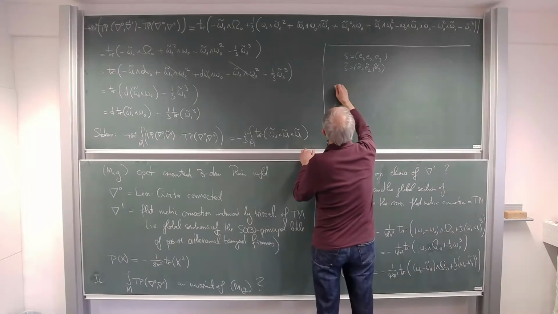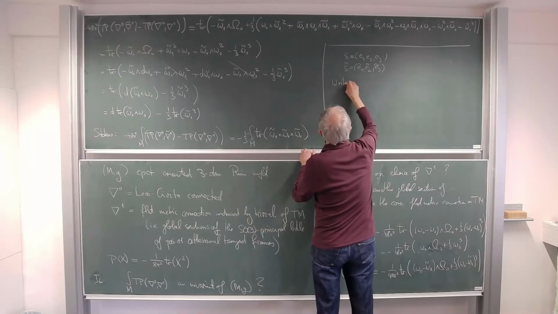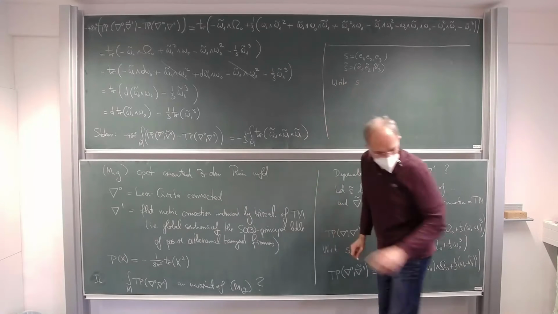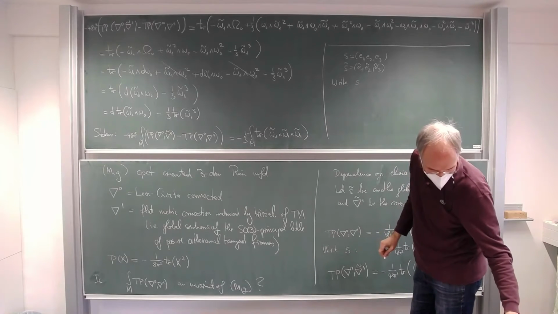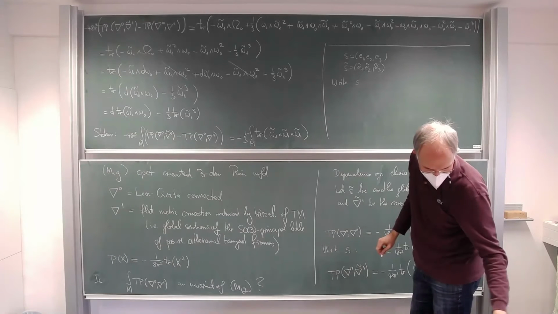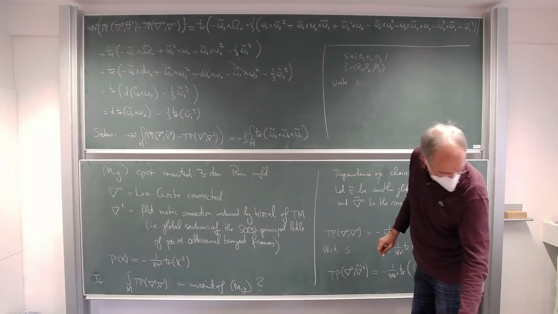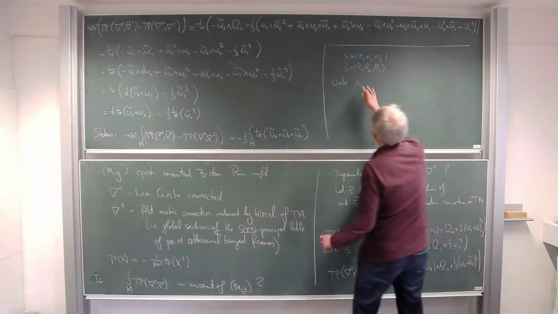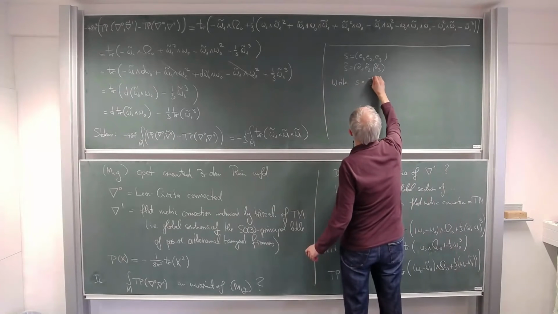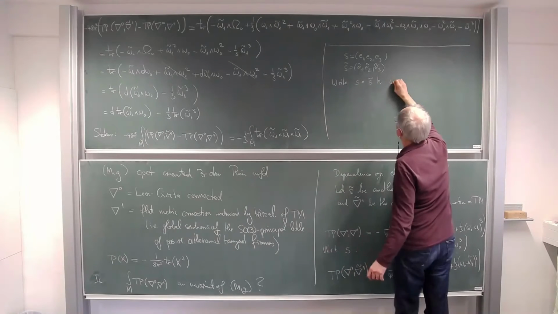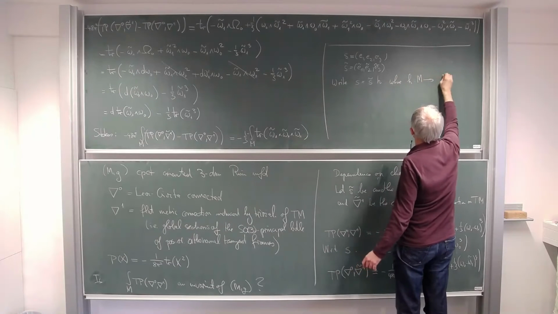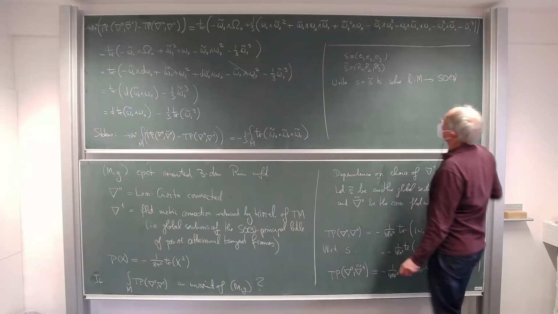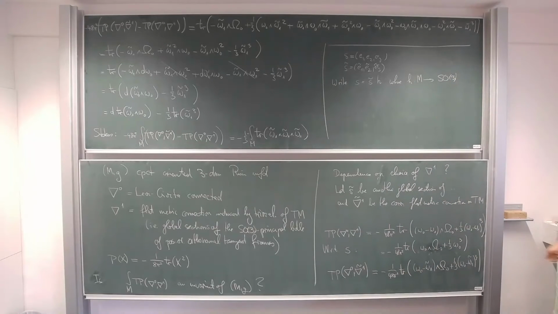So then write S as S tilde times H, where H is this function with values in SO3 of transformation matrices. Let me do it this way around.